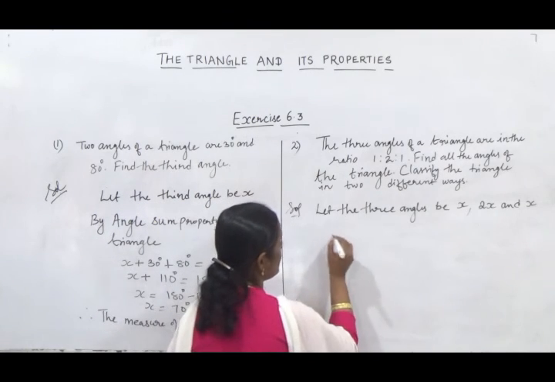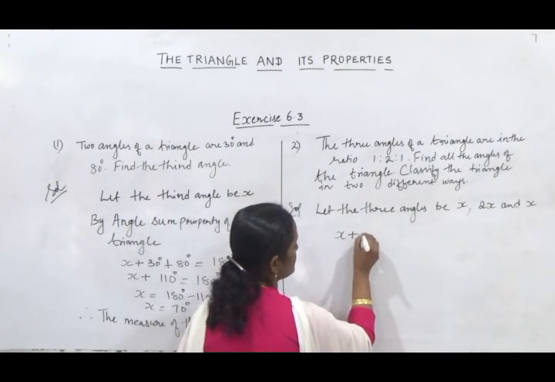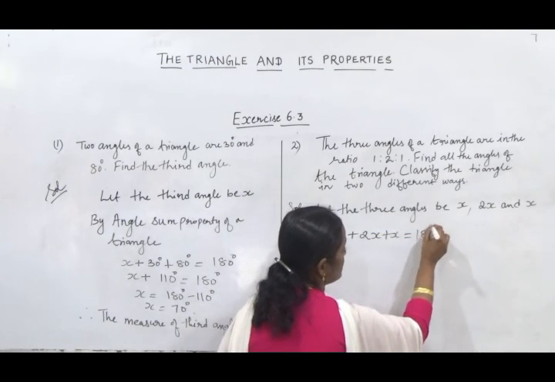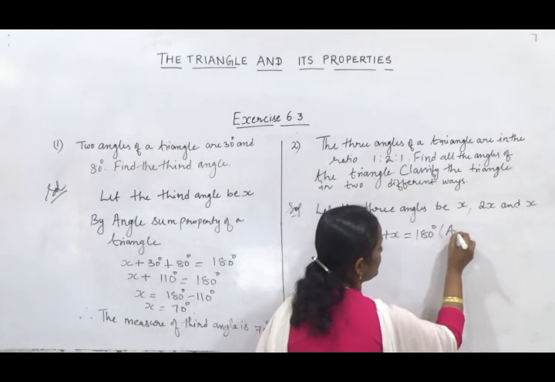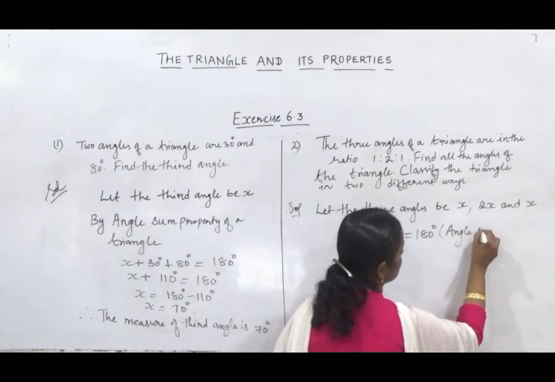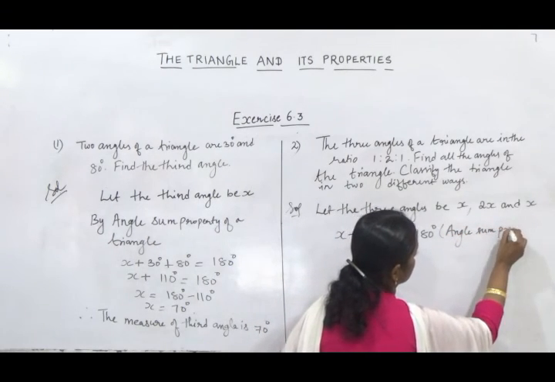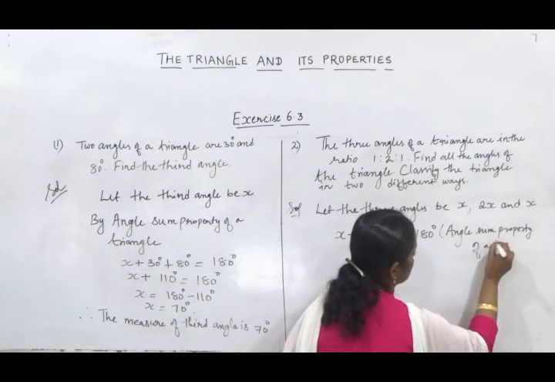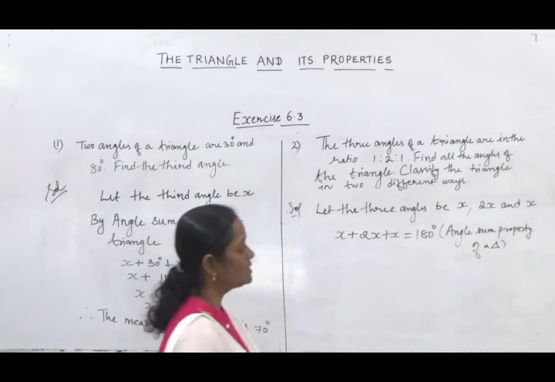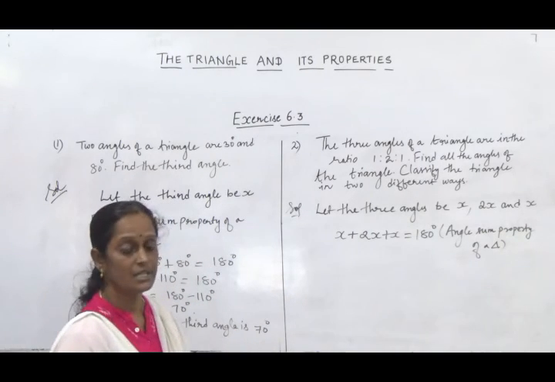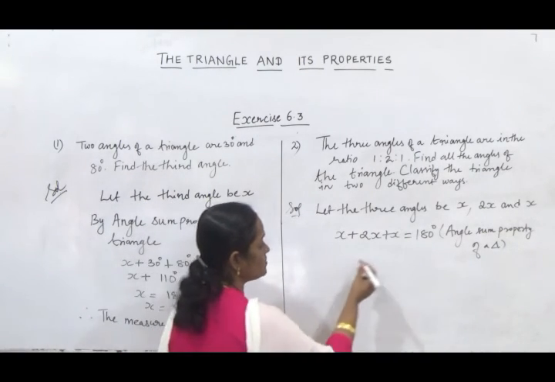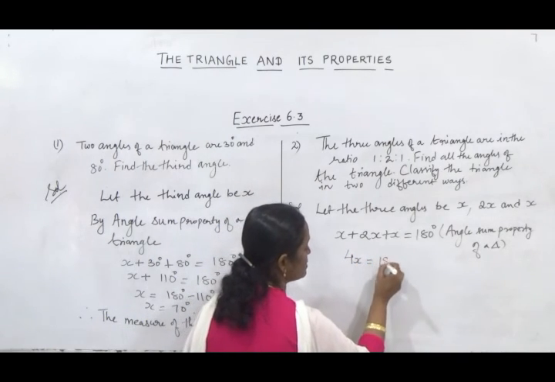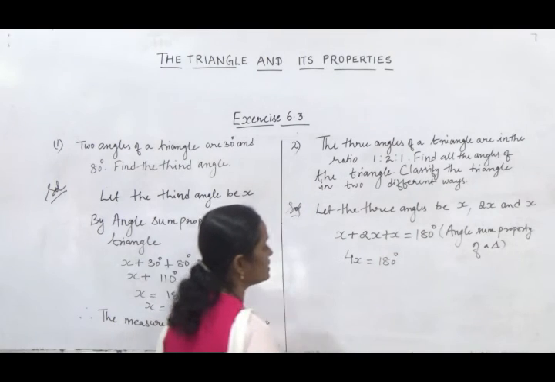Now by angle sum property of a triangle we can write x plus 2x plus x is equal to 180 degree. The sum of the three angles of a triangle is 180 degree here. So x plus 2x plus x is 4x. 4x is equal to 180 degree.